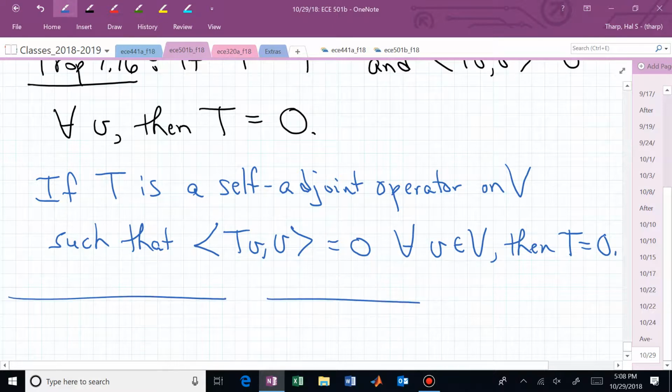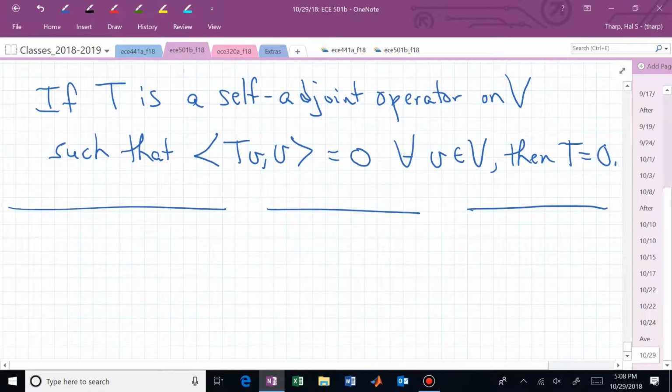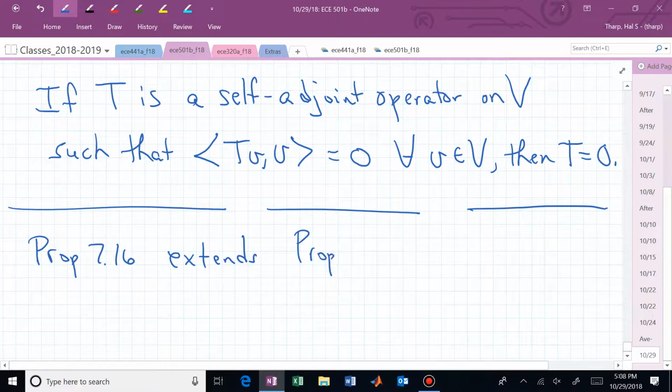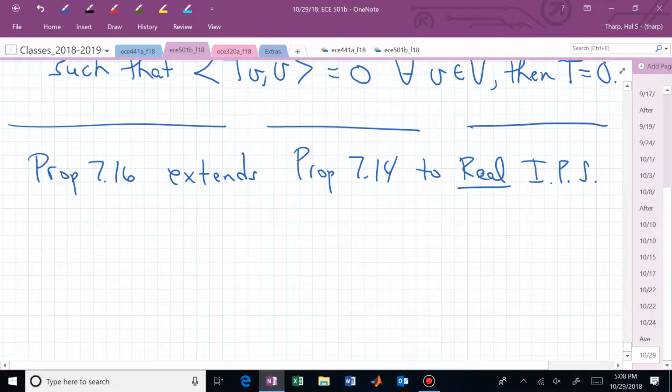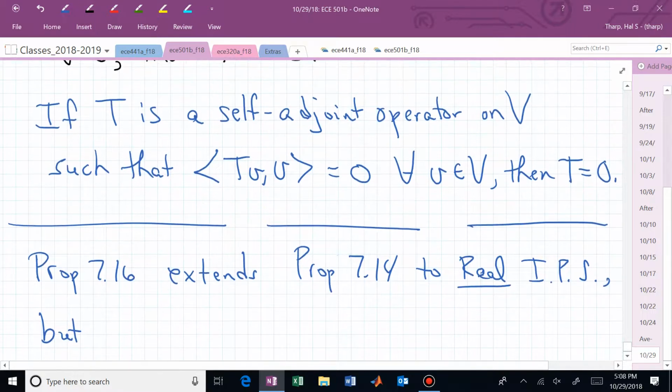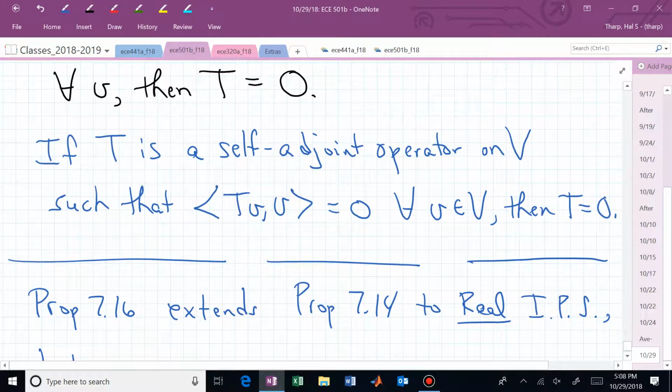What we're doing here is now proposition 7.16 extends proposition 7.14 to real inner product spaces, because we didn't say on a complex inner product space here, did we? We just said V is a vector space.